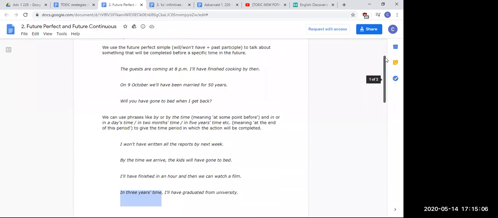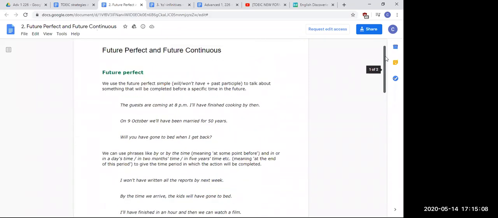Now, I know that I've set this for the forum, but I just want you all to write a sentence as well in the chat using the future perfect. And this time it will be by next Sunday. So write a sentence in the future perfect which includes "by next Sunday."